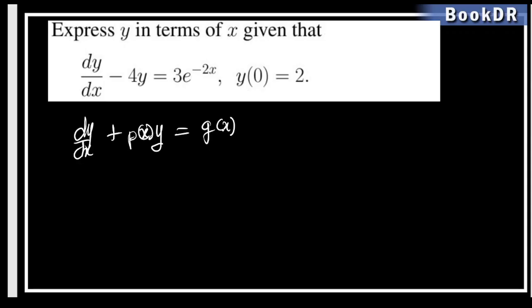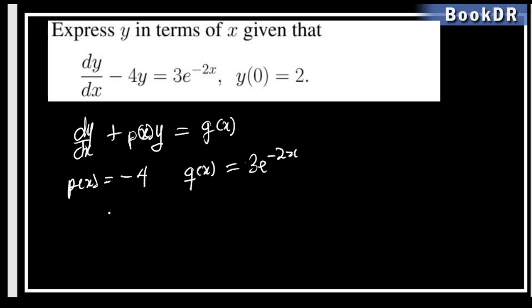The question is already in the form we desire. So comparing, our p of x is equal to minus 4 and our q of x is equal to 3e exponent minus 2x.